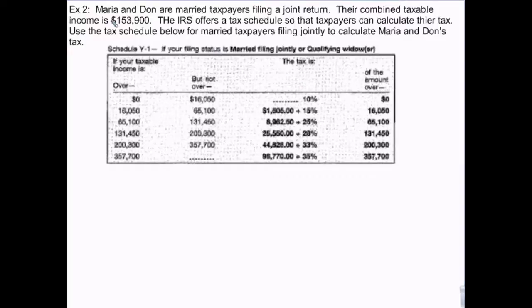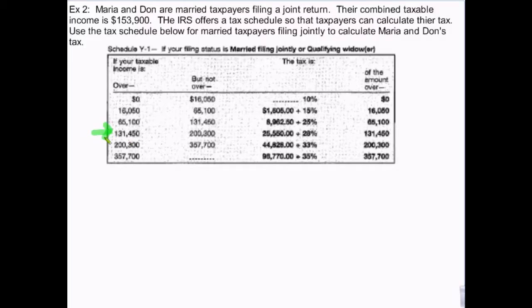Okay. So we're using the Schedule Y1 because we have Maria and Don, and they're married and they're filing jointly, and together their combined income is $153,900. So that's above the limits of the tax table, so we're going to use the schedule. If you look, you have different income brackets: between 0 and 16,000, 16,000 to 65, 65 to 131, and then 131 to 200.